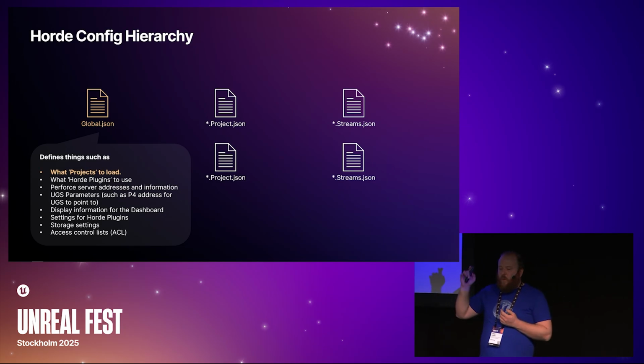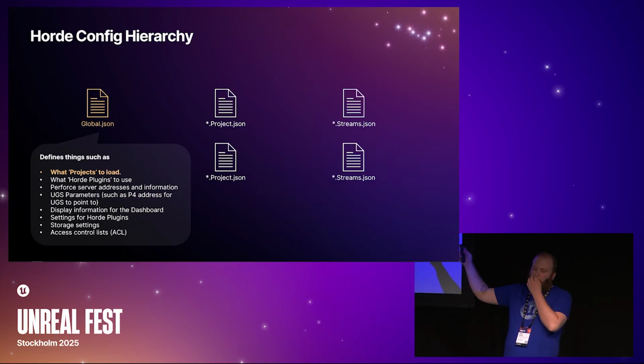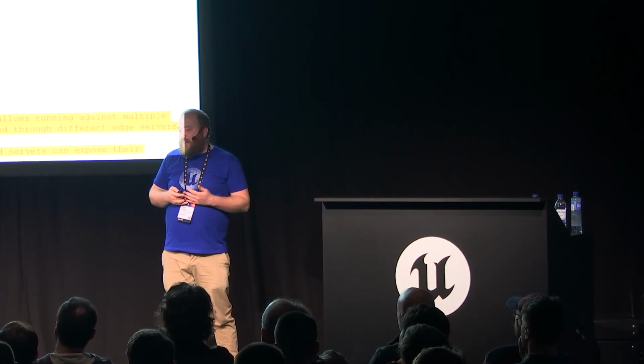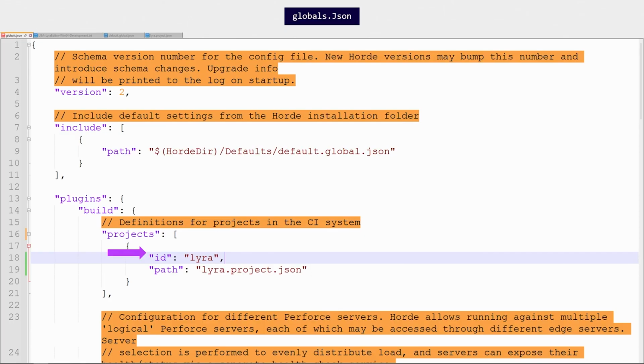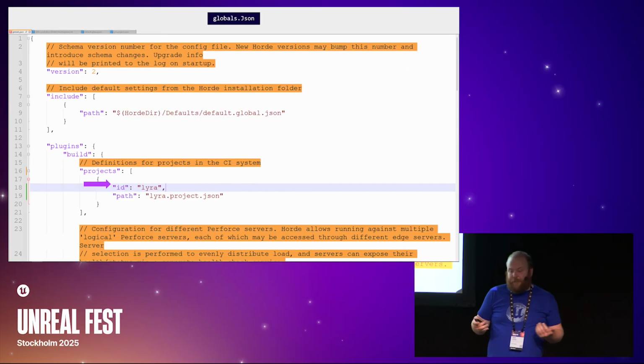But what we're focused on is letting Horde know about our project, in this case Lyra. And to do that, we need to define the project in the build plugin. So here we will specify a path to a new project.json file named Lyra, so we can identify it easily.